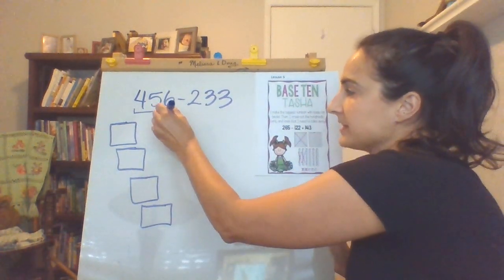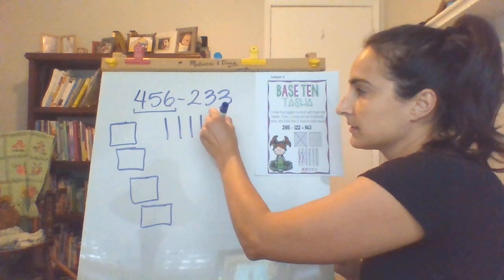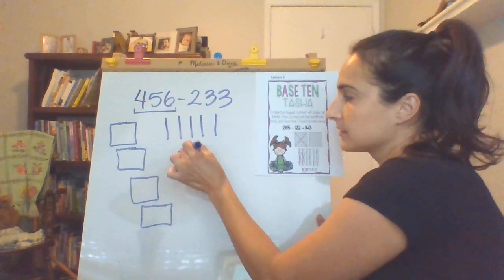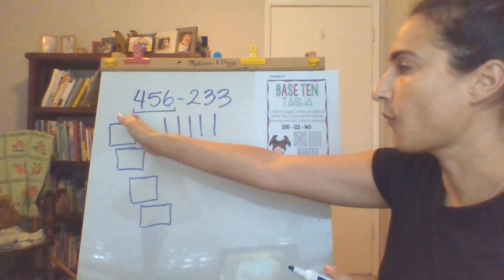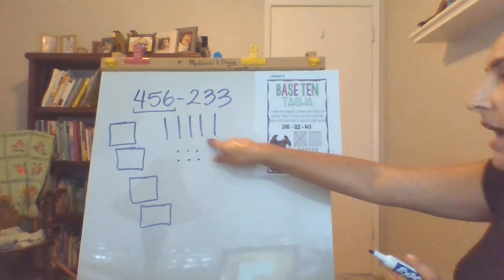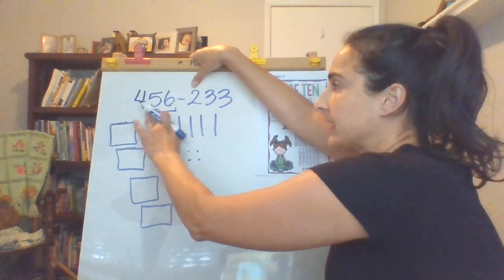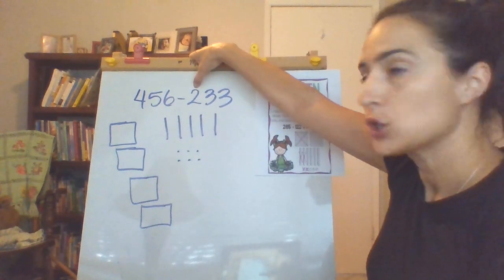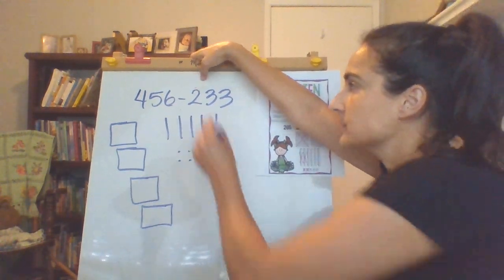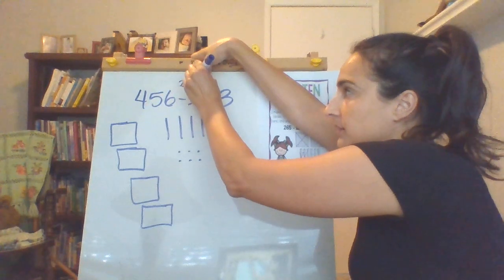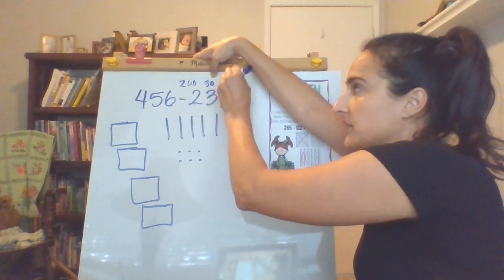I have 5 tens. And I have 6 ones. Okay, 4 hundreds, 5 tens, 6 ones. Now, I'm done with that number. I'm going to take away 2 hundreds, right? So remember, this is 200, this is 30, and that's 3.